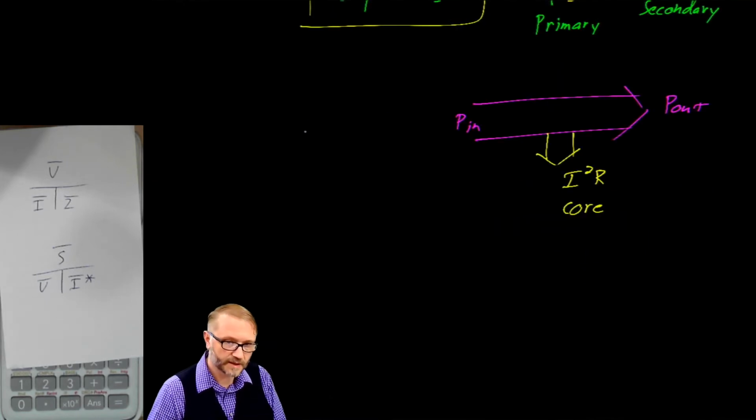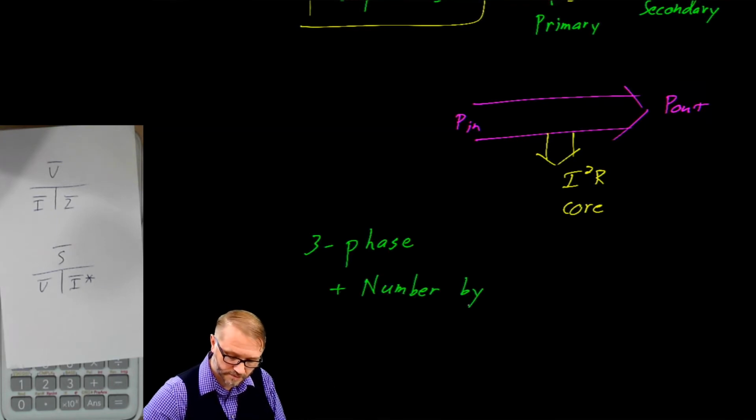Our last topic was three-phase systems. A number by itself can generally be assumed to be RMS and a voltage line to line.